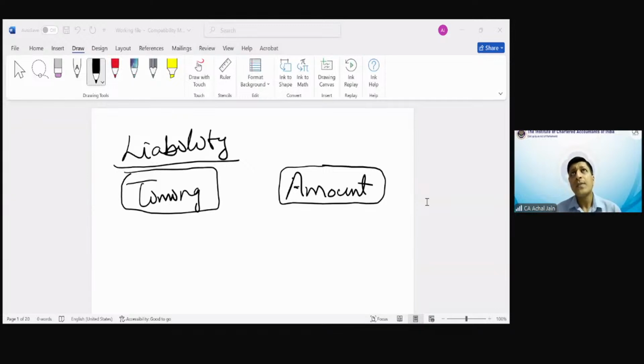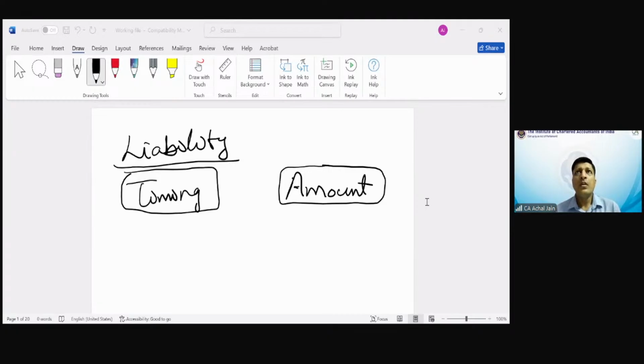Very good. For a creditor, now the other point is, do you know the timing when this amount is required to be paid? Tell me. For a creditor, will you know the amount which is required to be paid as well as the timing? Ishan says yes. Priyanshi is also saying yes. So that means when we talk about a liability, we know both these things.